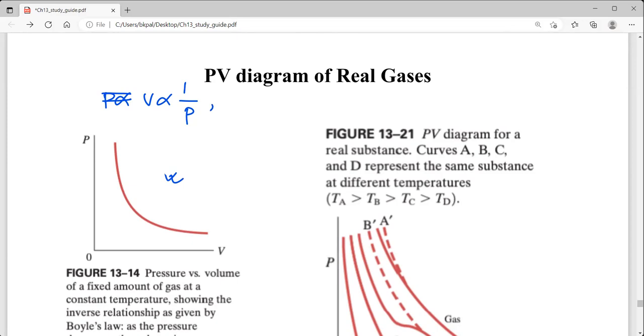Of course, the temperature T is constant in this PV diagram. So this is basically Boyle's law, and Boyle's law is for an ideal gas.